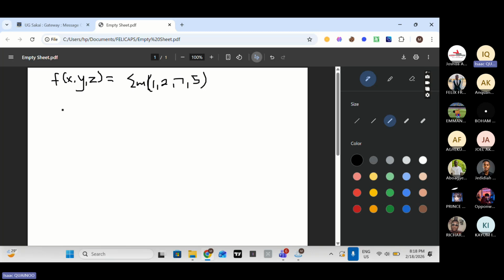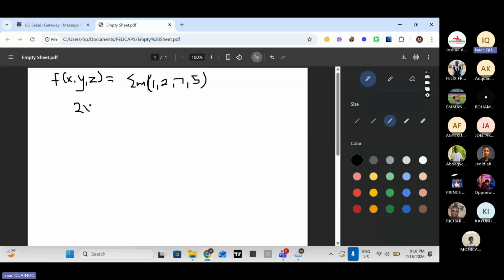Okay, so we are saying that K-maps can be represented in different forms depending on the problem that we are given. Okay, and to be able to know the type of K-map you are to use to solve a specific problem, we first have to look at the number of variables within that K-map. So depending on the number of variables, we can have a 2 by 2 K-map.